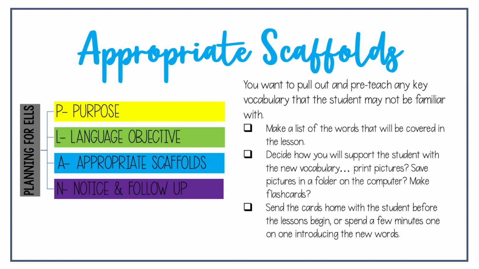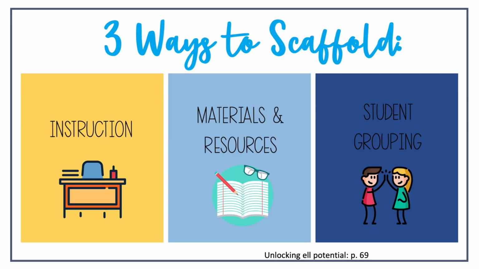We need to be aware of when we are scaffolding too much and when they need to be pushed to more independence. This is why I chose the word appropriate, because it is exactly that. Going back to our purpose and knowing our ELLs, we can select different scaffolds that will help them get to the goal.